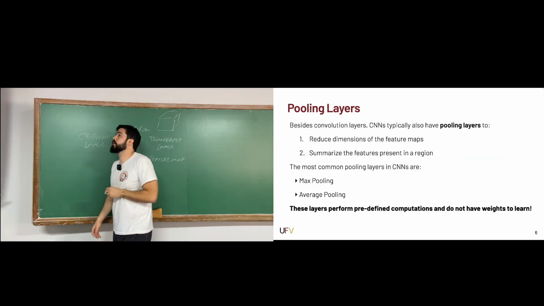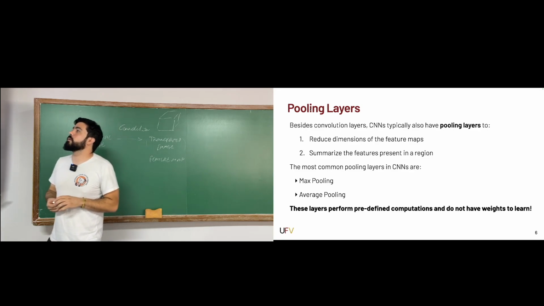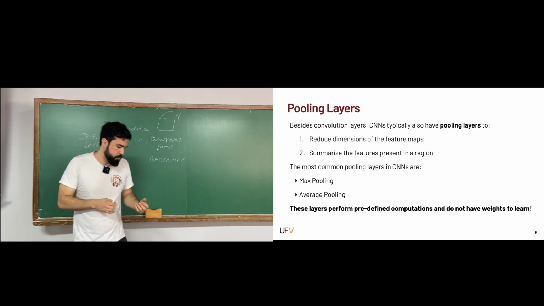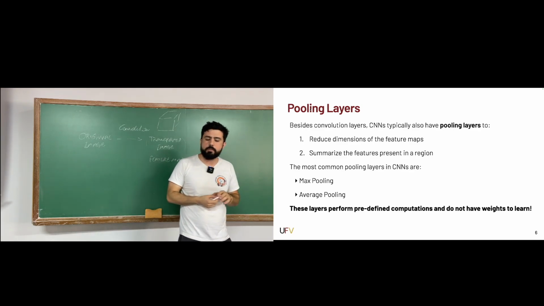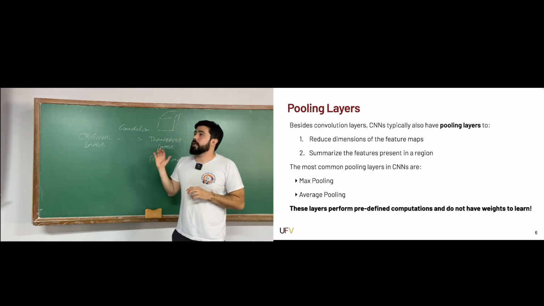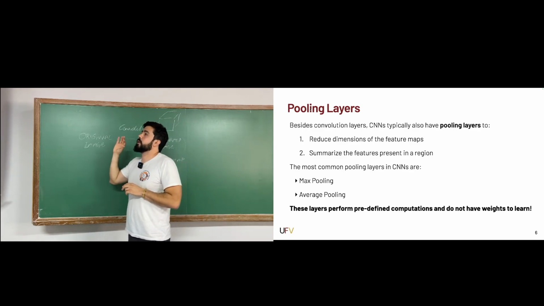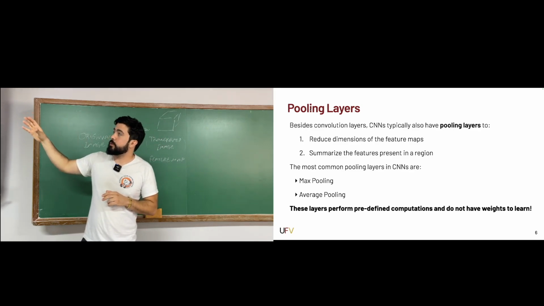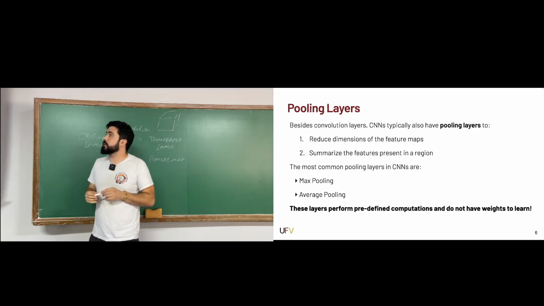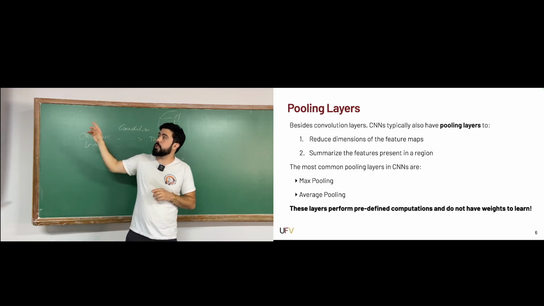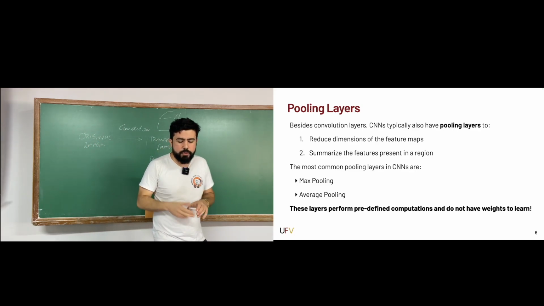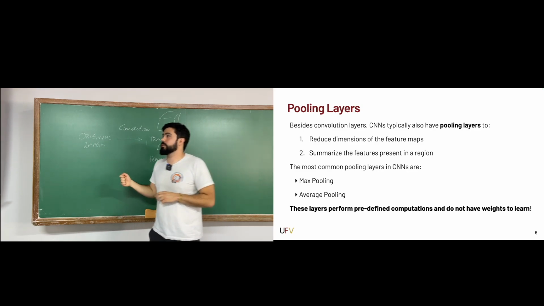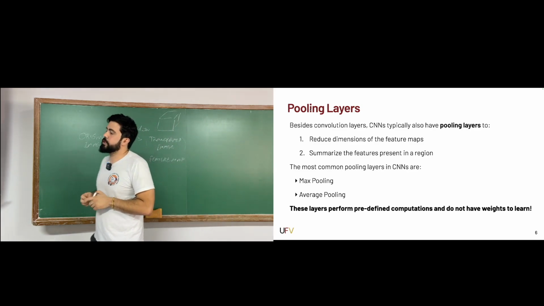Okay, so now to finish the tool set for building CNNs, we have to talk about pooling layers. Besides the convolutional layers that we saw last lecture, CNNs typically also have what we call pooling layers. And pooling layers are used for two main reasons. First, you want to reduce the dimensions of the feature maps.